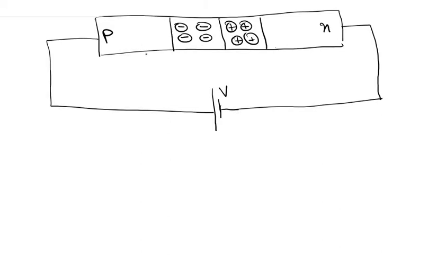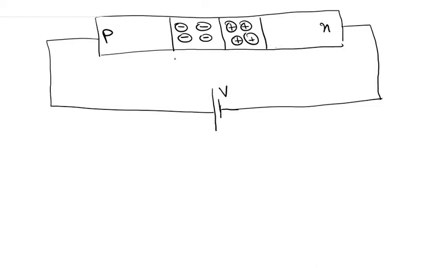And since the rate of diffusion of holes from the P side to the N side increases exponentially with the applied voltage, an excess concentration of holes builds up at the N side just outside the depletion region. Okay, so in forward bias condition, there is an excess concentration of electrons in the P side, and an excess concentration of holes in the N side. So this builds up excess minority carrier concentration just outside the depletion region.